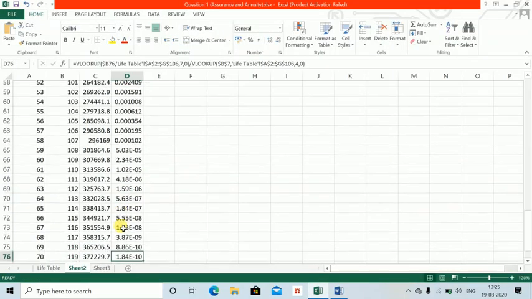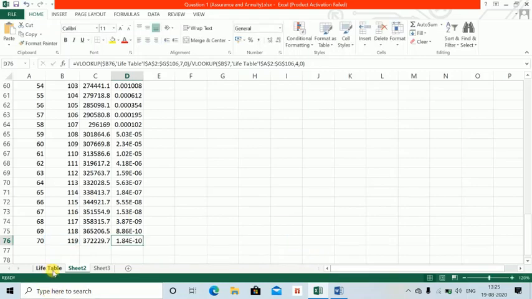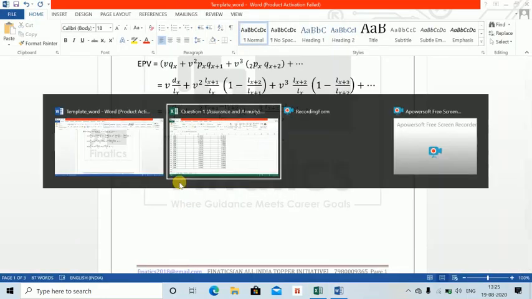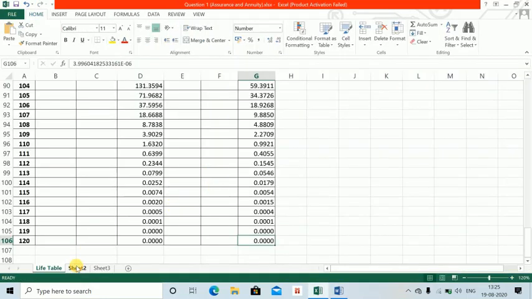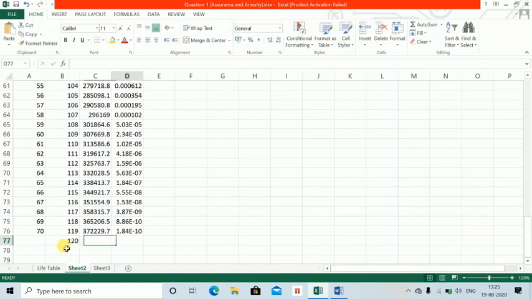The last one, as I told you, is d_119 by l_50. Now go to your table and see whether you have a value for age 120. This value is 0. So even if I had taken a value of 120 here, it would have given me 0. It doesn't matter whether I take 120 or not, it will not cause a change in my equation.